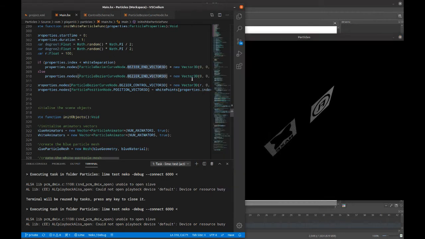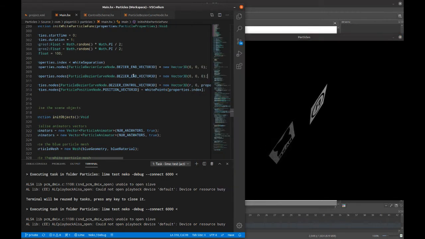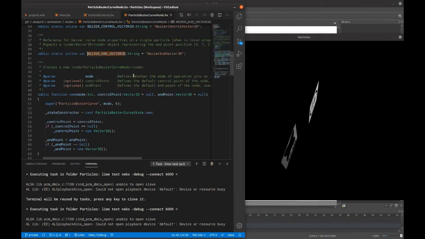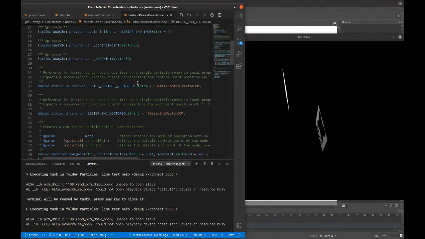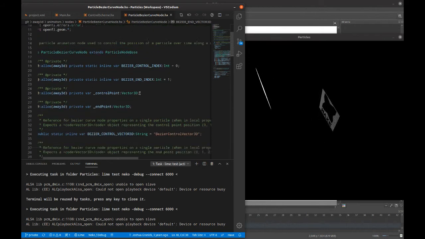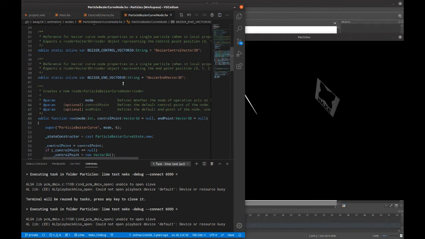Well, okay, I'm not quite sure what to make of that. Huh, you only set the control point and the end point.